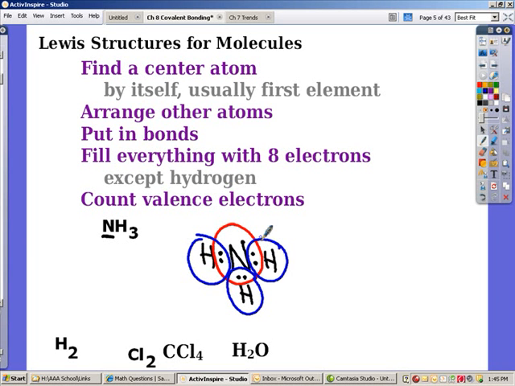As I look around them, I see, again, the electrons being shared by the nitrogen and hydrogen. They have those in common. Each hydrogen is only supposed to have 2 electrons, and I see that each of these does. But the nitrogen has 2, 4, 6 in its circle, so it's going to need 2 more.